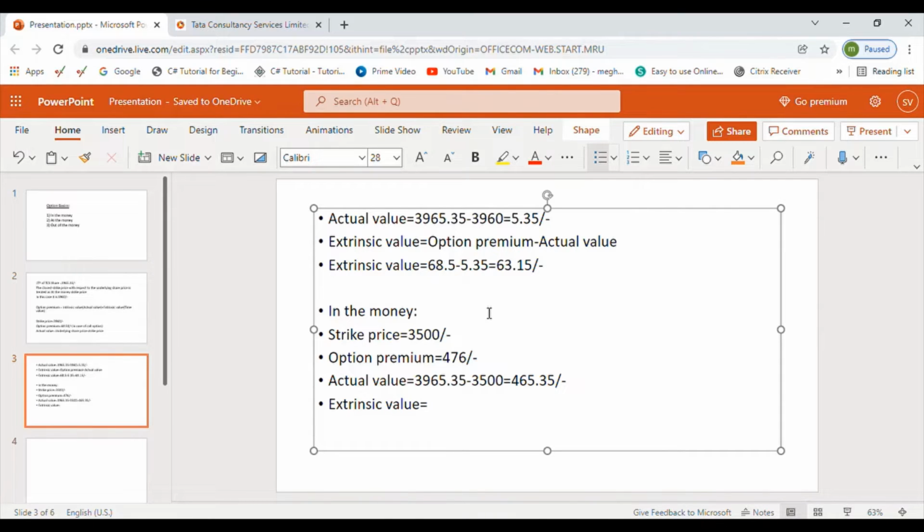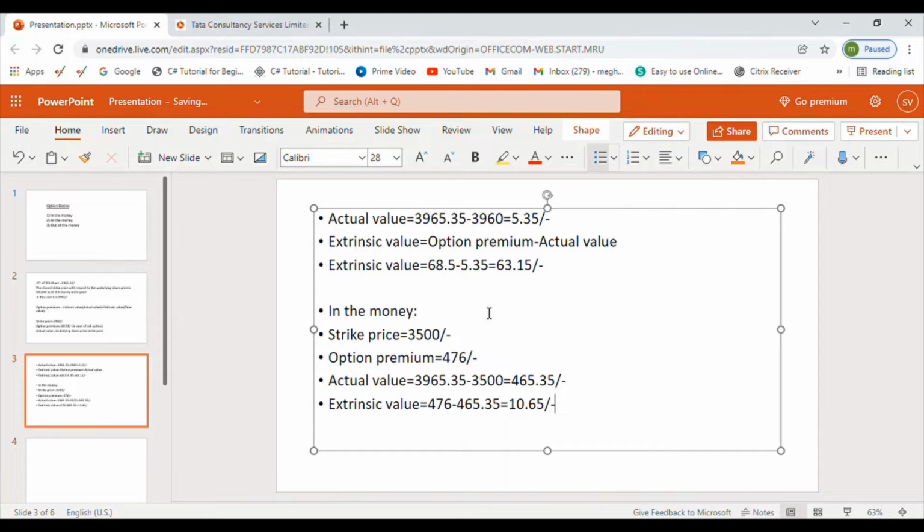So 476 minus 465.35, which is 10.65 rupees.